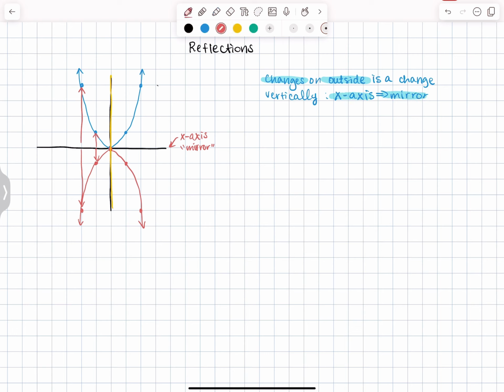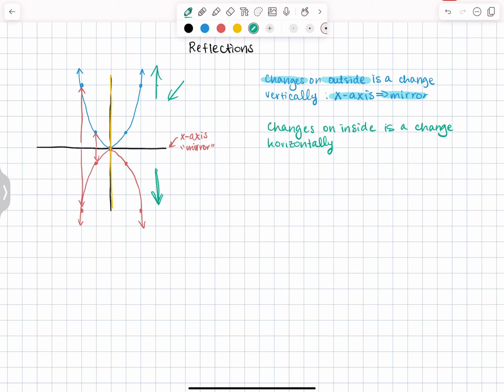Now, for the y-axis, changes on the inside is a change horizontally. When you think about it, for this example right here, we flipped it from the arrows facing up to the arrows facing down.